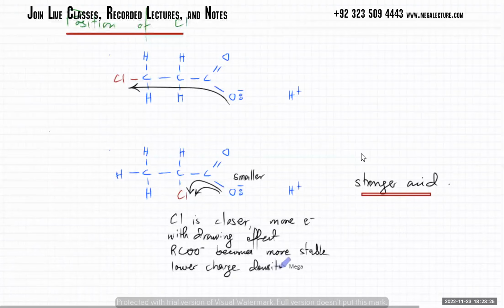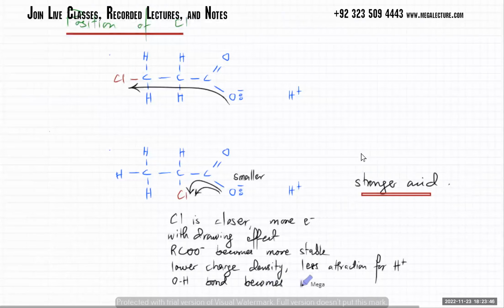So there's going to be less attraction for H+1 ions. And what else was there? The OH bond will become weaker. So the OH bond becomes weaker, and so more dissociation.